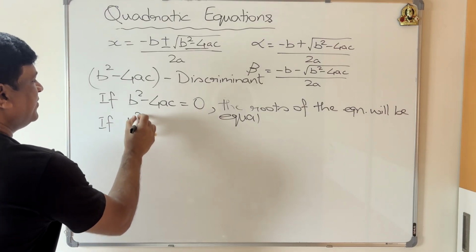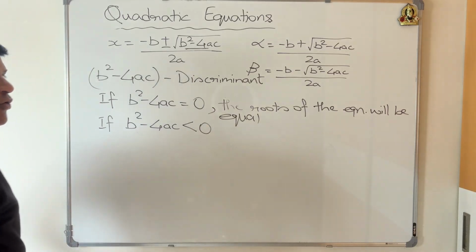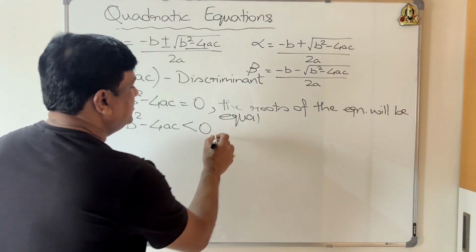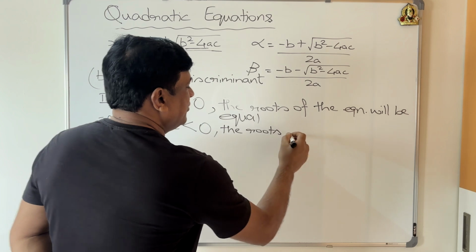Next one, if b square minus 4ac is less than 0, if this value is less than 0, what will happen? The roots are imaginary, they are not real.